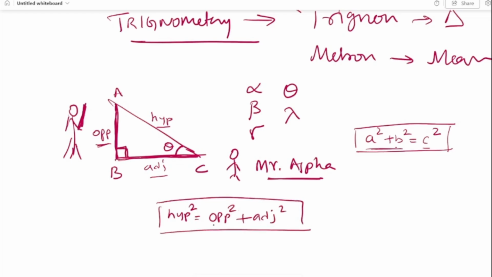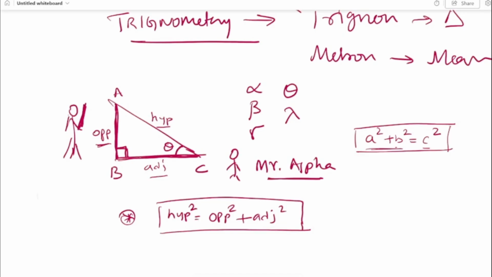This is more descriptive, because with a square plus b square equal to c square, you have to again emphasize what is a, what is b, what is c. Rather than that, hypotenuse square equal to opposite square plus adjacent square is very, very descriptive.